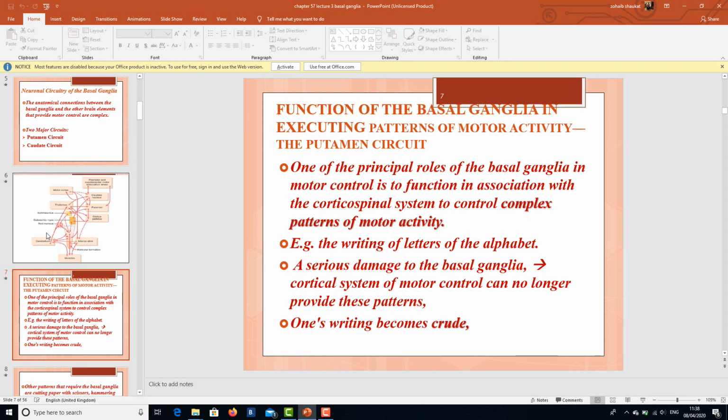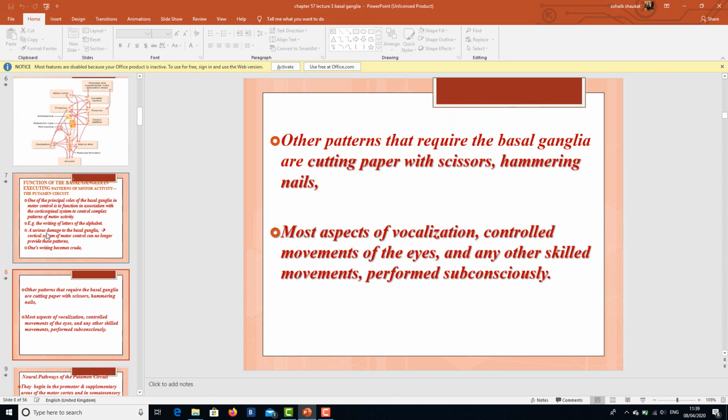A serious damage to the basal ganglia cortical system of motor control can no longer provide these patterns, and one's writing becomes crude. So we can say that it is the function of the basal ganglia to provide accuracy to the motor activity, to provide the beautification to the motor activity.